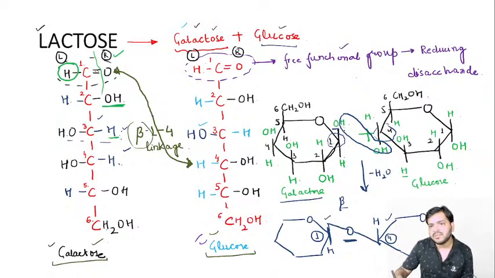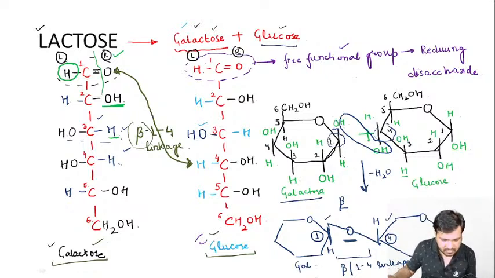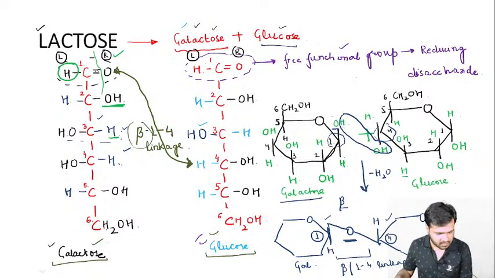This green oxygen that was left, we have removed a water molecule, and that is why this is basically a beta 1 to 4 linkage between galactose and glucose.